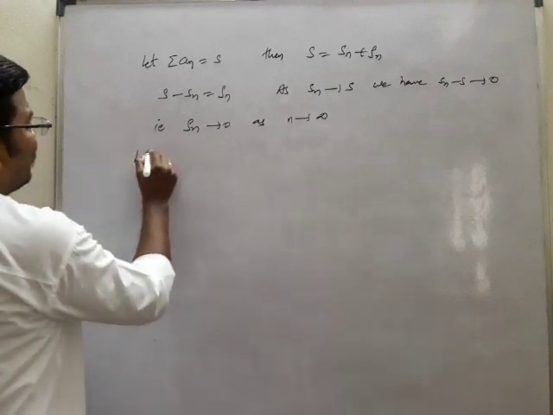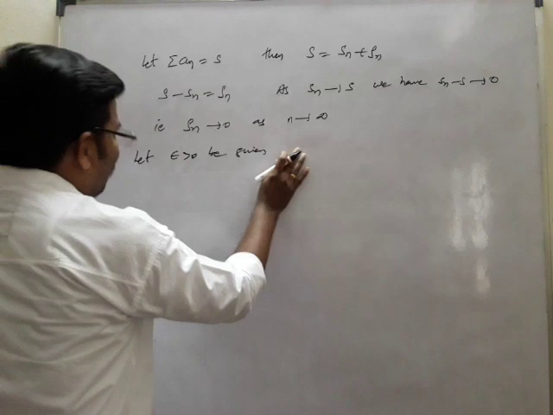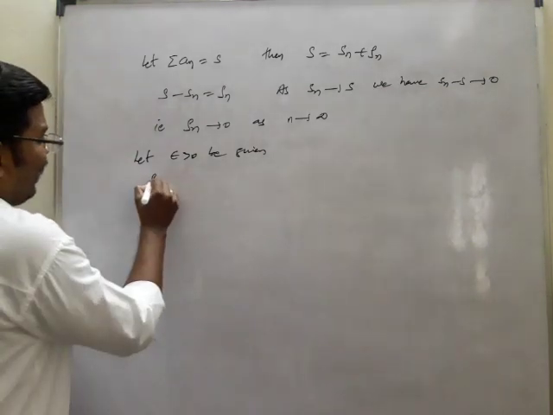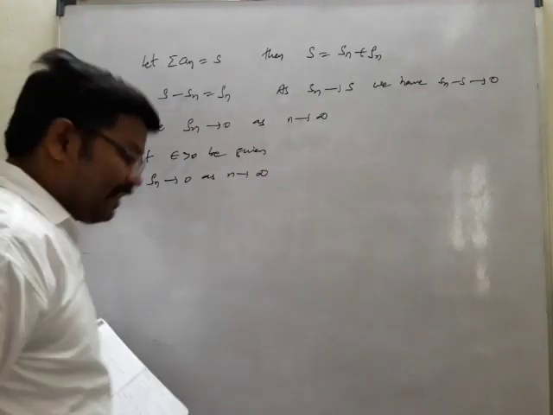Now we will write a definition. Let epsilon greater than 0 be given, as rho n tends to 0 as n tends to infinity.